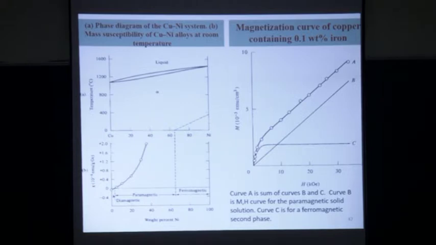So far we have mostly talked about pure elements, but if you have an alloy, then you sum up the contributions of the two different components, so to speak. Okay.